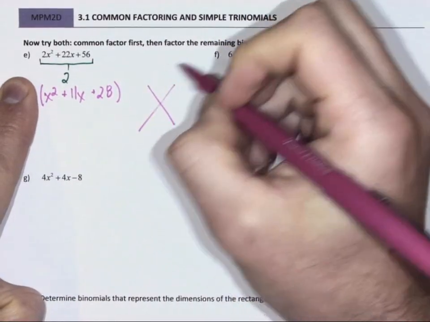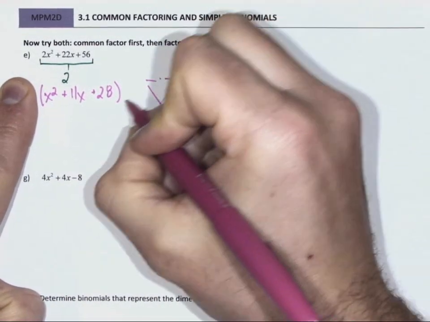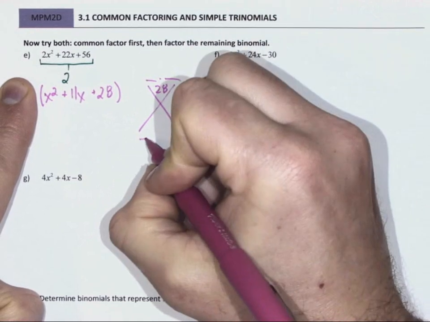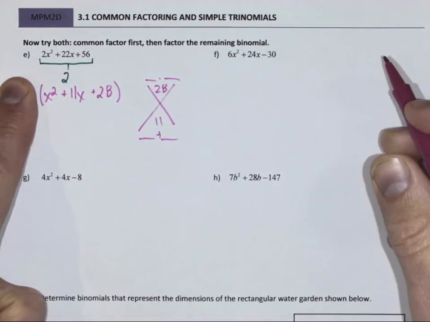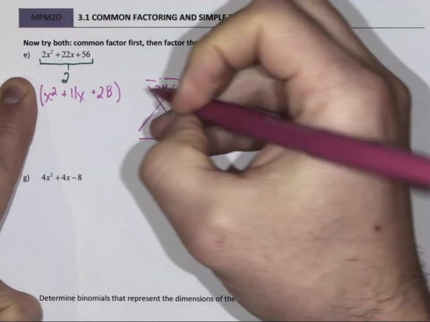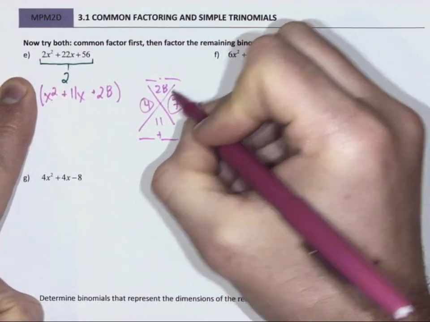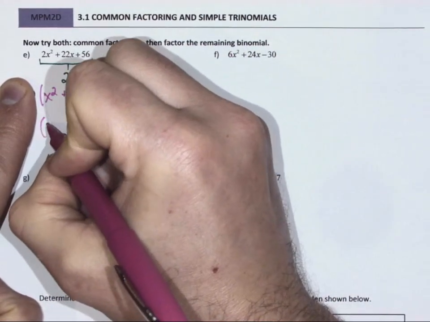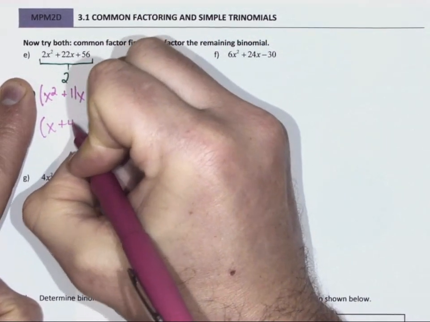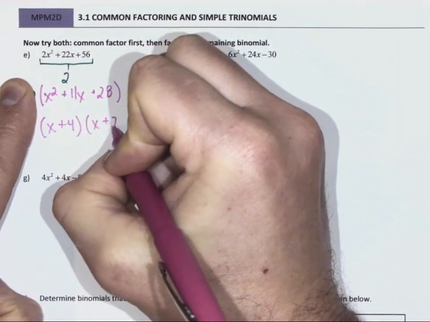So again, I'm going to need two numbers that multiply to 28 and add to 11. As I go through combinations, I have positive 4 and positive 7. So that trinomial factors into x plus 4 and x plus 7.